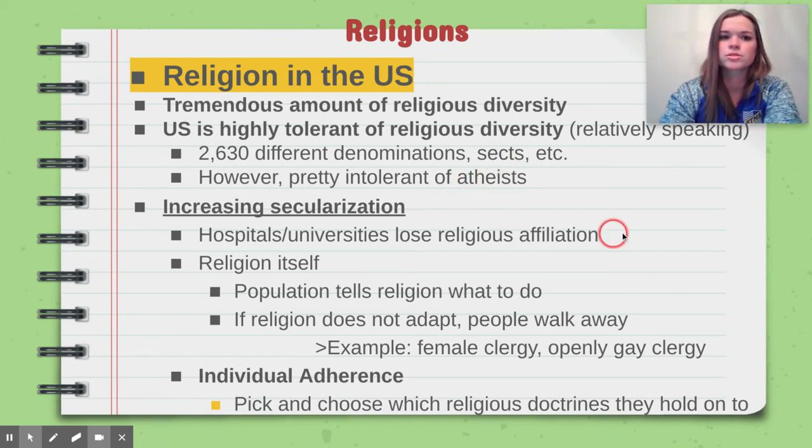And just last month, I think Pope Francis, the current Pope, spoke about how the Catholic Church and the Vatican was working on being much more open to gay and lesbian and LGBTQ people all over the world. And then individual adherence: you pick and choose which religious doctrines you hold on to. So a lot of individuality there.